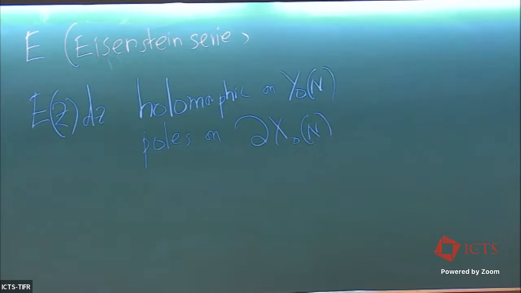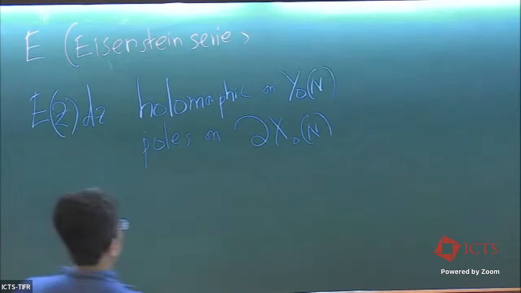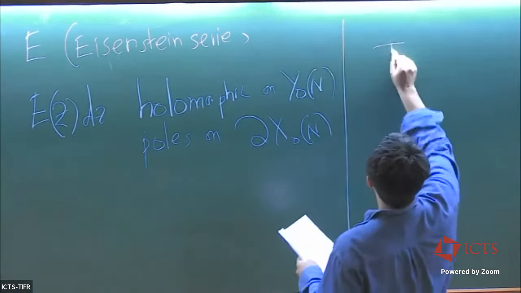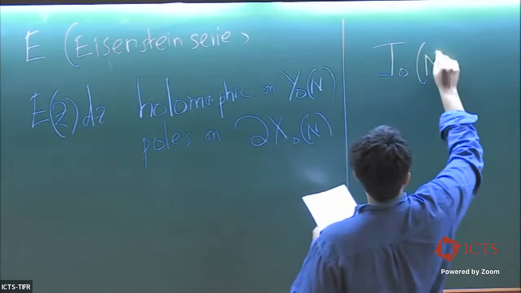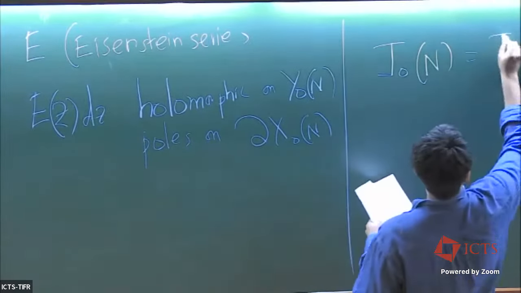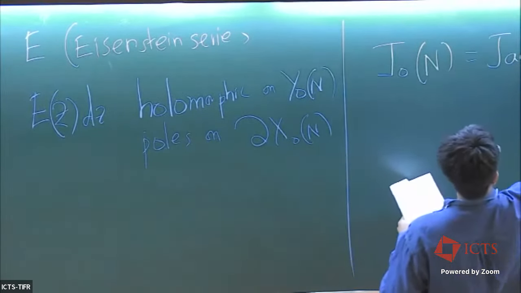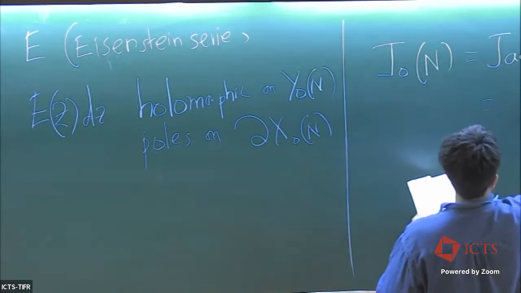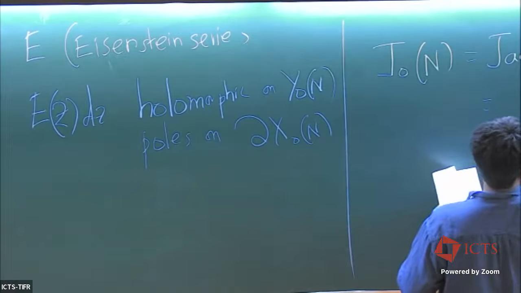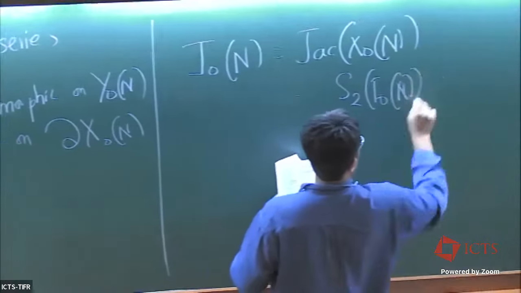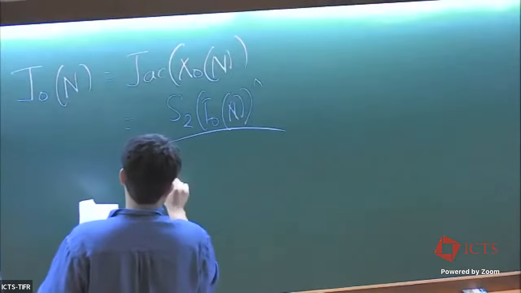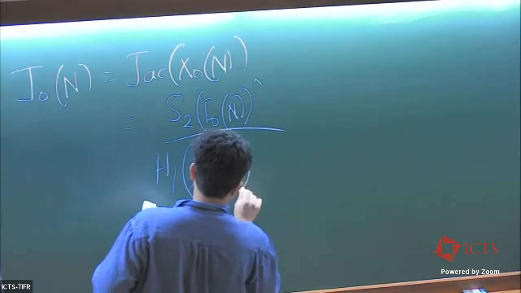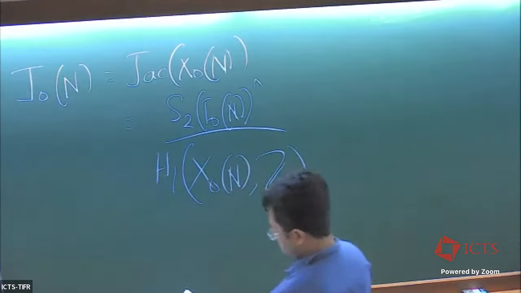So we can talk about the Jacobian J_0(N), which is still over C. It is H^0 of the differentials dual over H_1(X_0(N), Z).